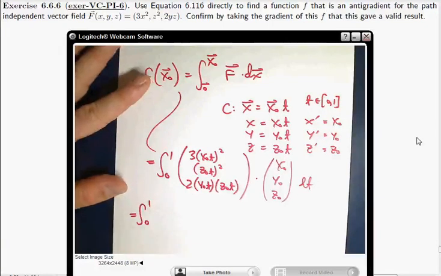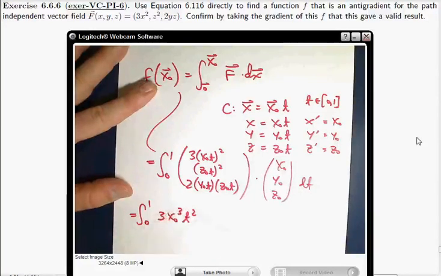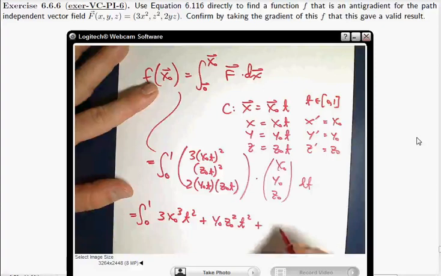And let's see here. We're going to have 3 x naught cubed t squared plus y naught z naught squared t squared plus 2 y naught z naught squared t squared.